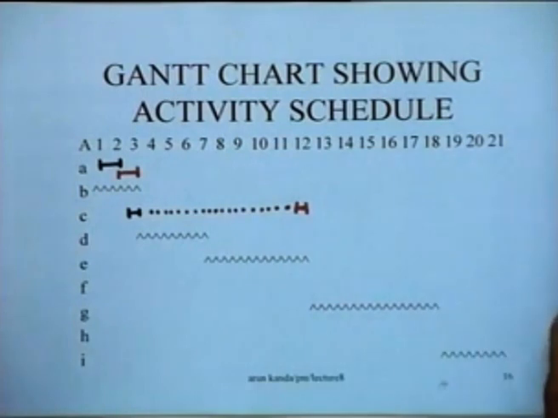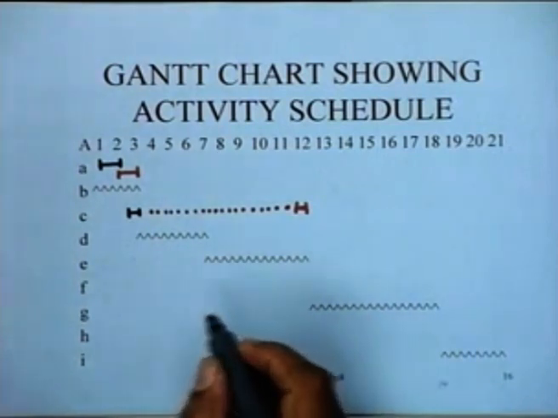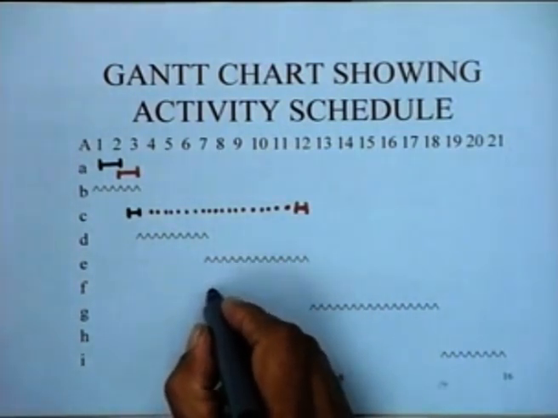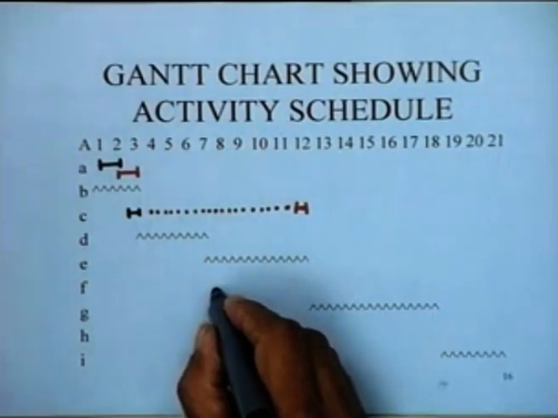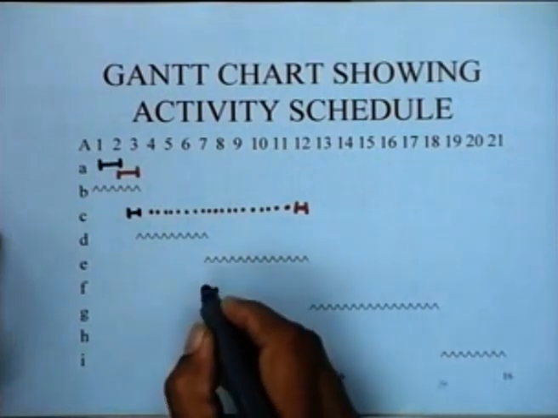Similarly, if you now look at activity F, activity F has a duration of 8 days. The earliest start is the 7th day.